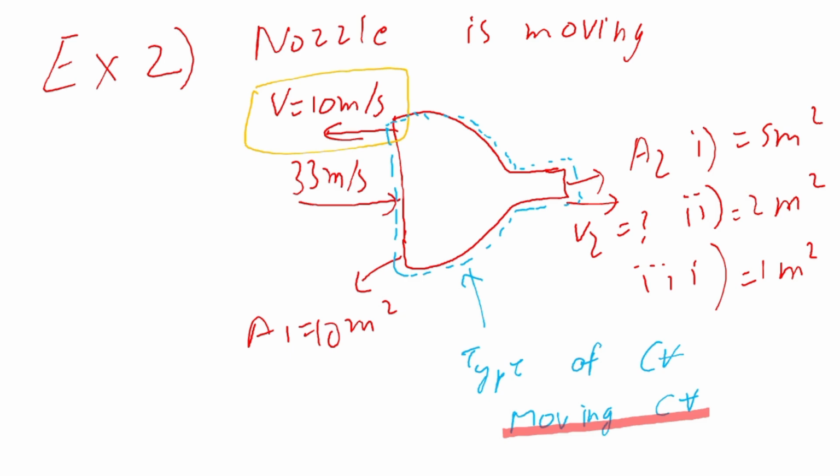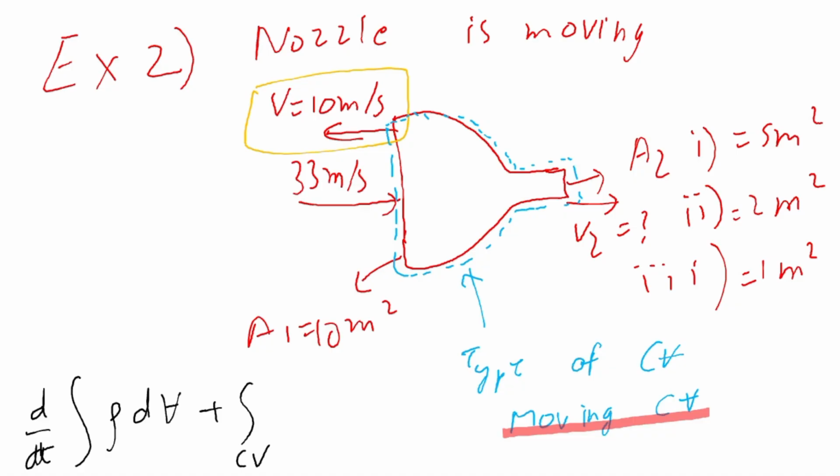The main difference when using a moving control volume is in the velocity. Your mass conservation law was d/dt of the integral of rho dV, plus the integral over the control surface of rho V dot n dA.